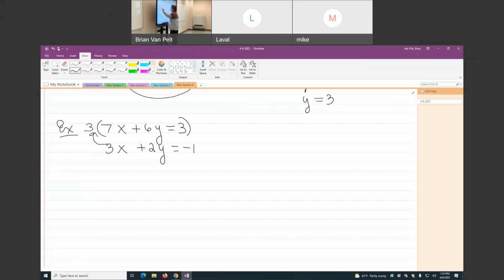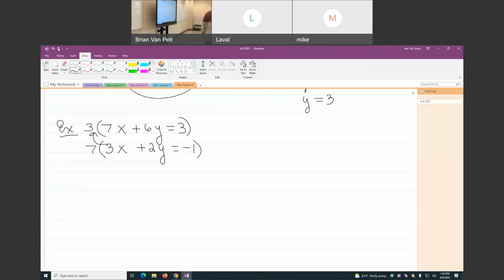Now, what are you going to multiply the bottom by? 7. All I do is swap the 3 and 7, and they're both 21x.